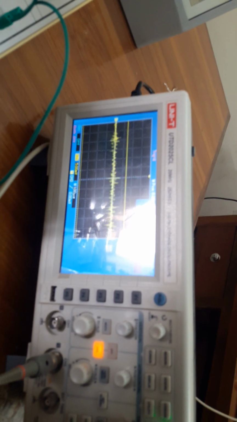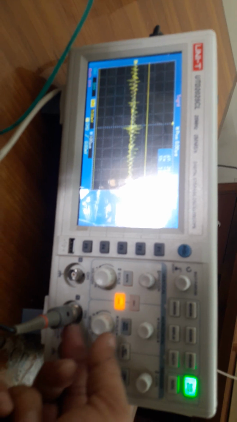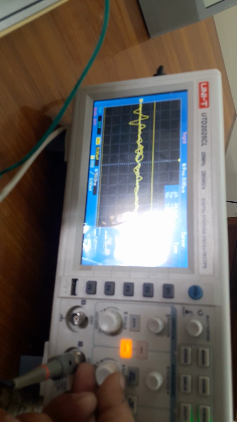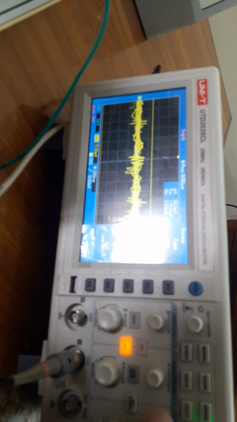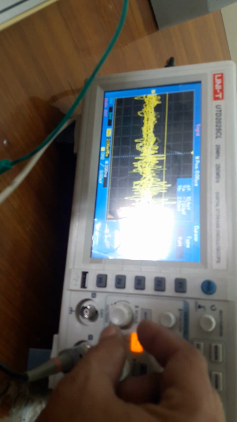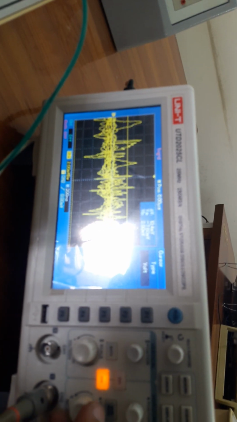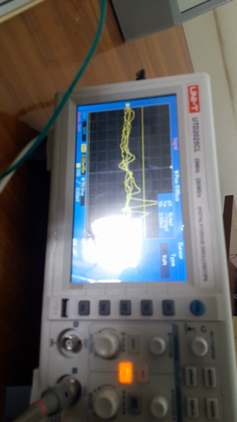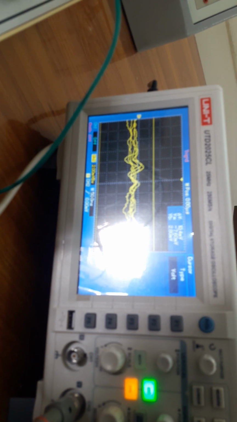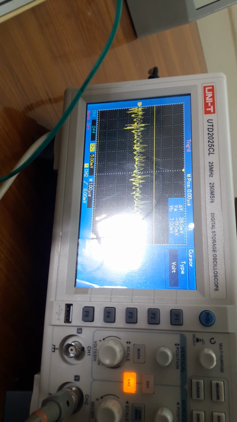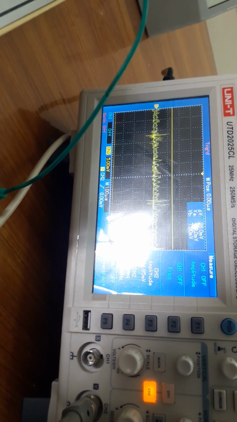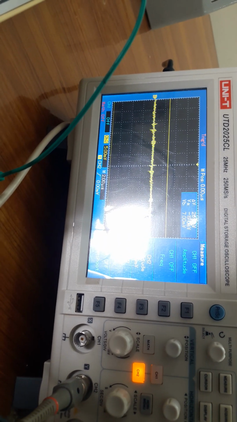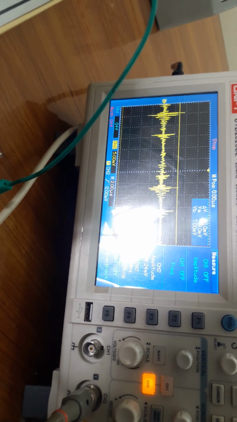Here you can see now the demodulated signal is this.